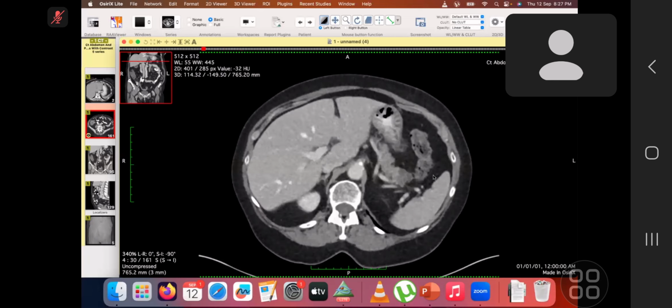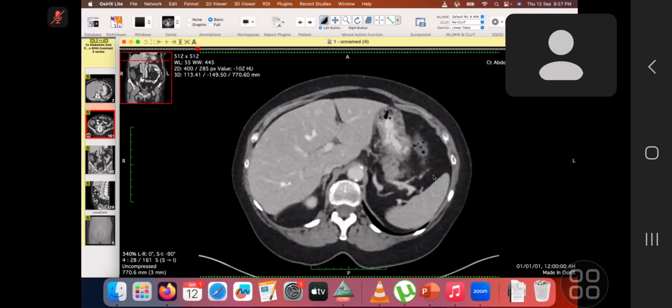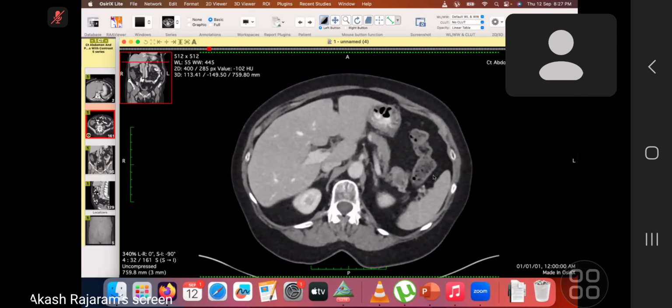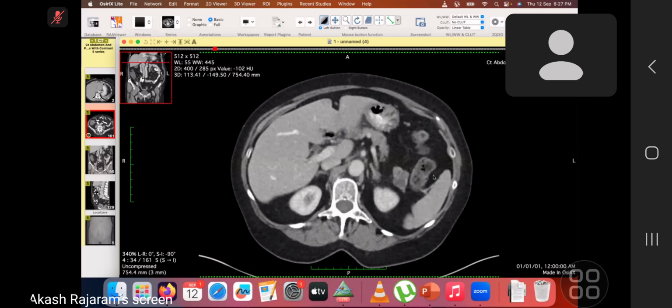No gross lymphadenopathy. No hepatic focal lesion.